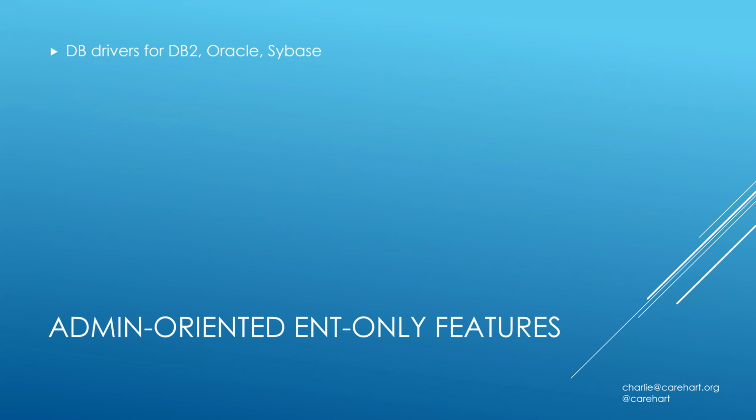Adobe licenses drivers primarily from DataDirect, who are a vendor, now owned by Progress, I believe. And for years, they've built drivers for all, SQL Server, lots of drivers, and Adobe licenses those. So what you get when you buy ColdFusion is built-in DataDirect drivers. And in Enterprise only, they provide the drivers for DB2, Oracle, and Sybase.